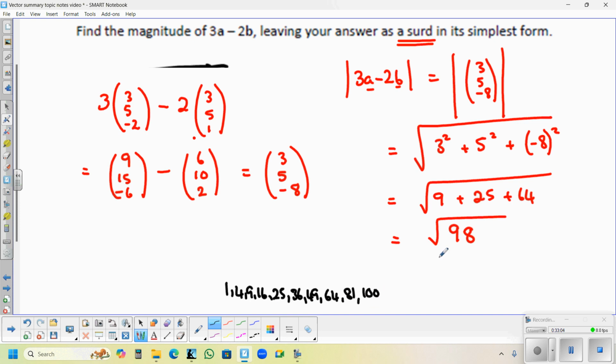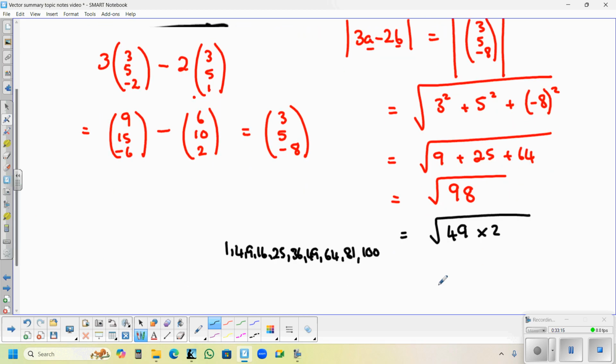So I want to know which one of them divides into 98. And with practice, you'll start to get to know these. That one's going to be 49 times 2. So break your root sign down the middle, which gives you the square root of 49 times the square root of 2. Square root of 49 we know, so it becomes 7 root 2. So that's a typical magnitude question in vectors.